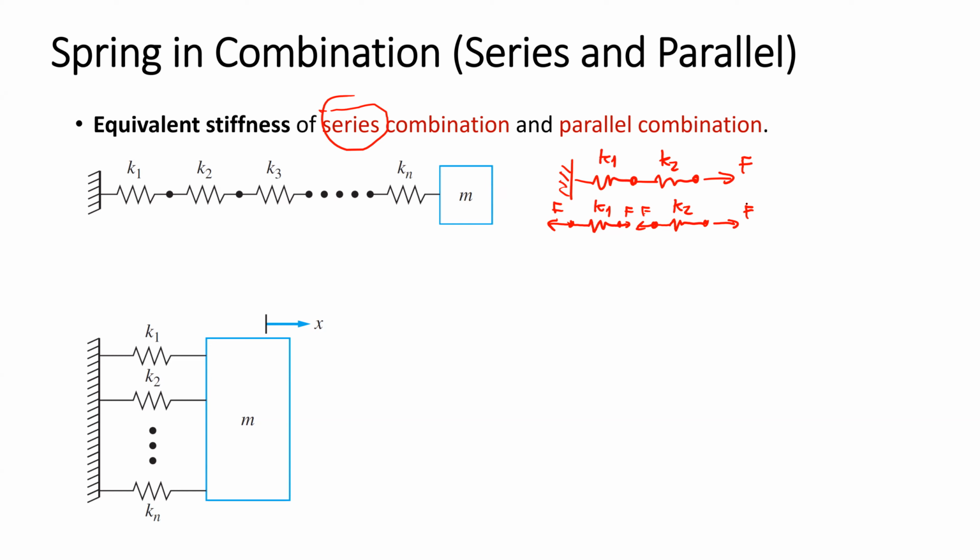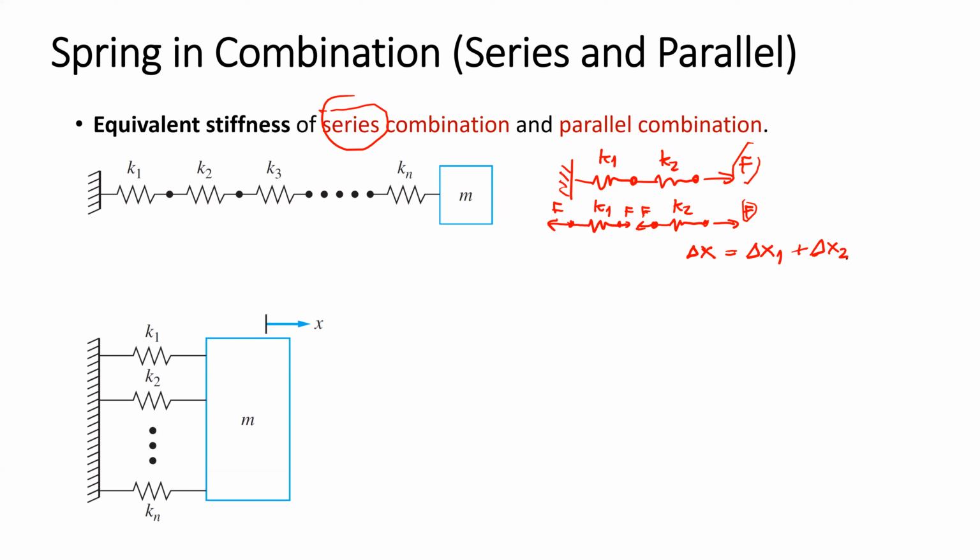If we connect spring in series, the force in the spring is equal in the series. And the total displacement, the delta X total, need to be the combination of delta X from the first spring plus the delta X from the second spring.